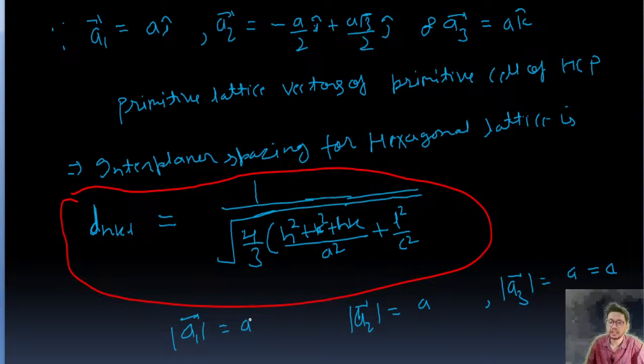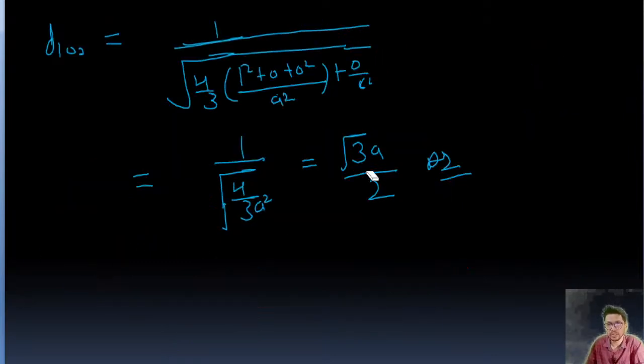For the HCP structure we know a equals b, and a1, a2 and a3 are given. The value of mod a1 is a, mod a2 is a, and a3 is a. Then we put in the values, and l is 0, so this value is going to be root 3 by 2 a. Very good question, guys. Solved.